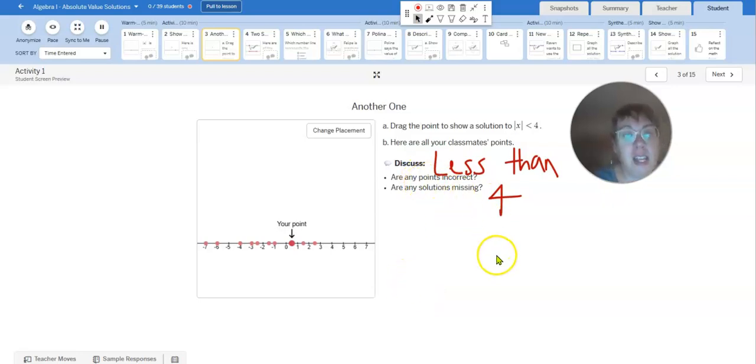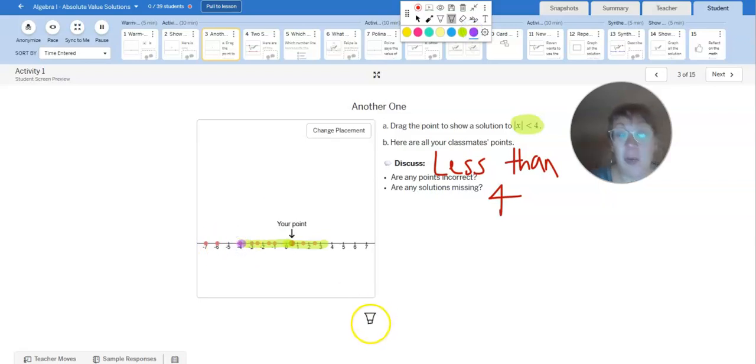And it says, are any of these points incorrect? So if we want it to be less than 4, then we want that absolute value to be smaller than 4. So it could be 3.5, 3, 2.5, 2, all the way down to 0. And then we can go the other way as well. So everywhere highlighted along this number line now is going to have an absolute value less than 4.